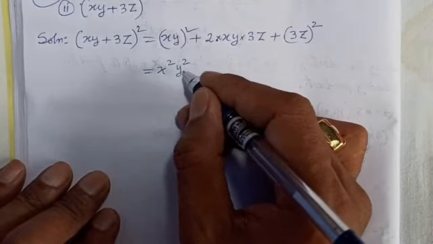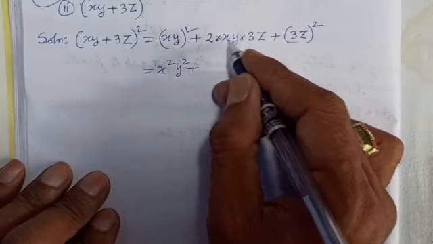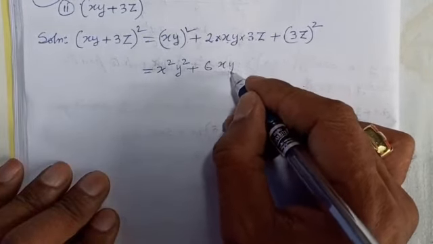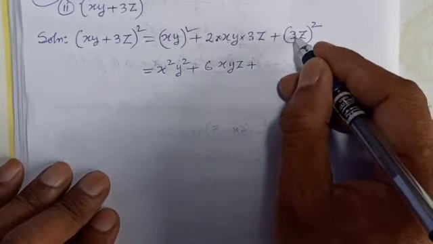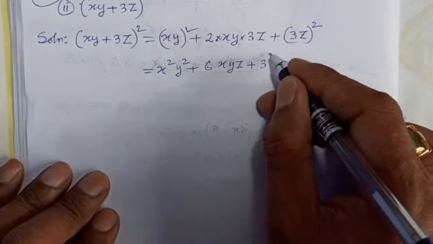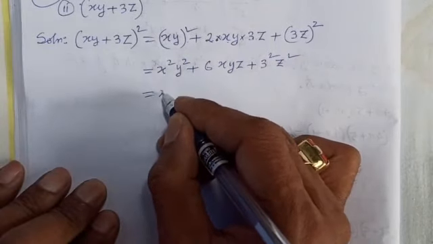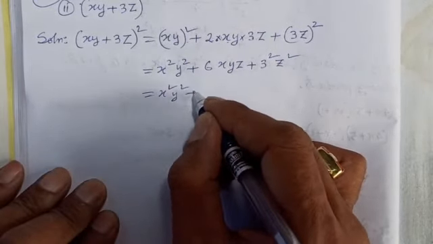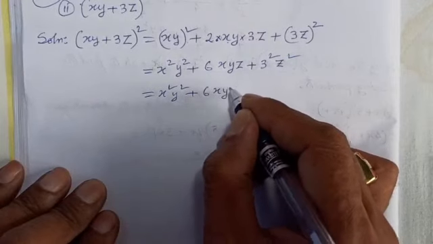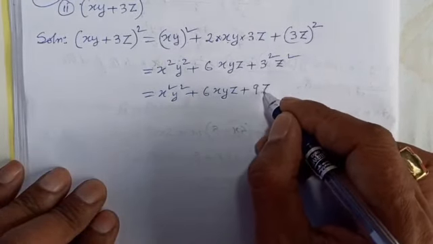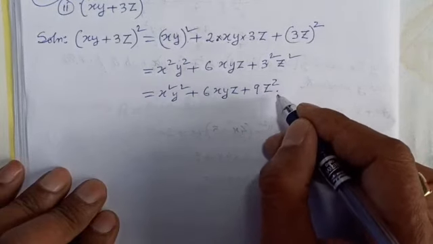That means x square y square plus 2 into 3 is 6, x into y into z is xyz, 6xyz plus 3 square is 3 into 3, that is 9 z square. Here this is the answer.